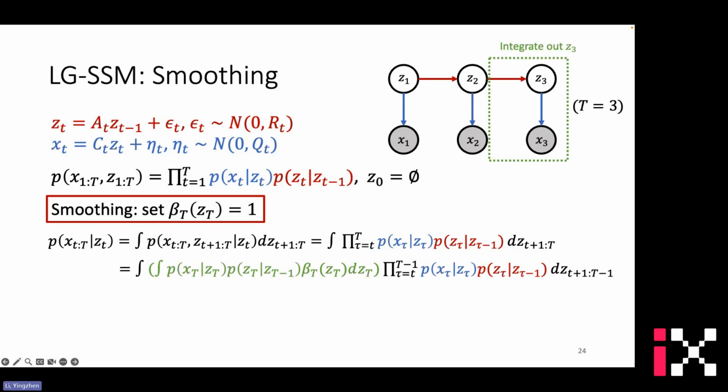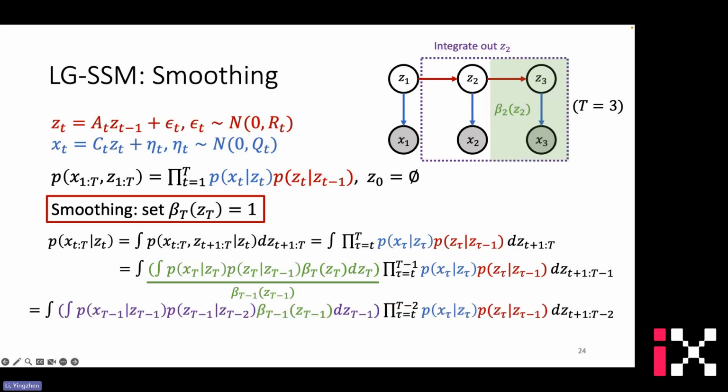Here's what we're going to do. We need to integrate over zt+1 to T. I'm going to first separate out the last variable, which looks like this, and I assume the first backward message is only 1, so basically it does not exist. So I can first integrate out that big T. This gives me a result depending on the previous time step zT-1.